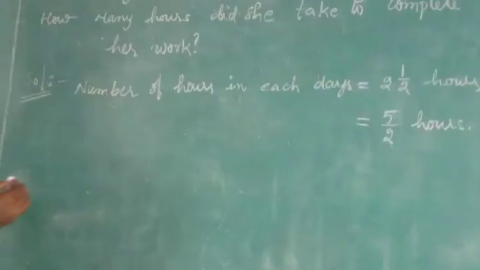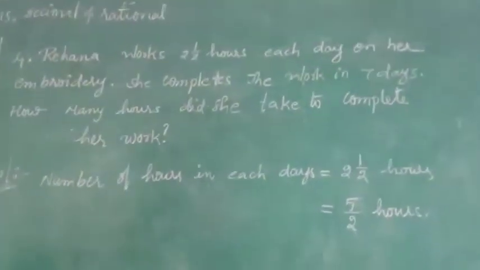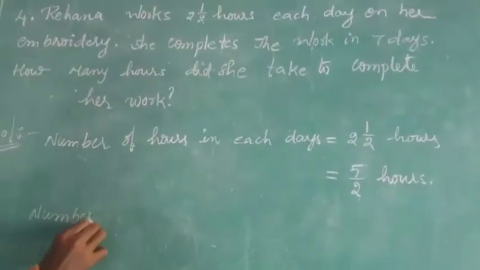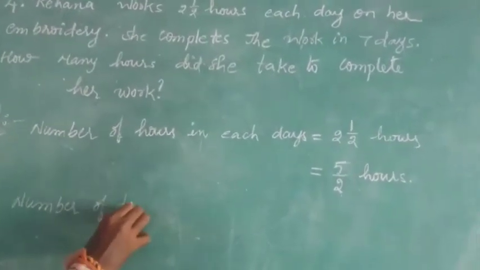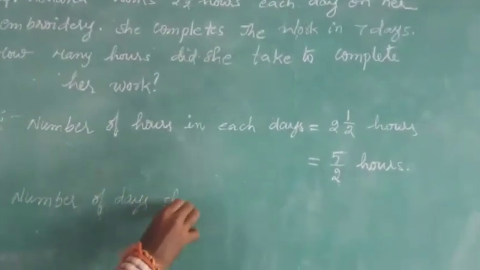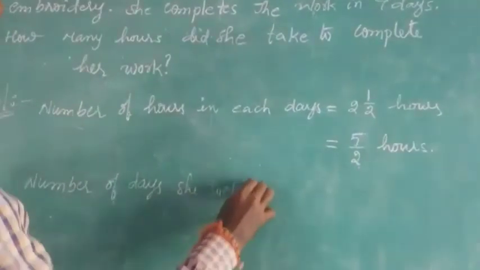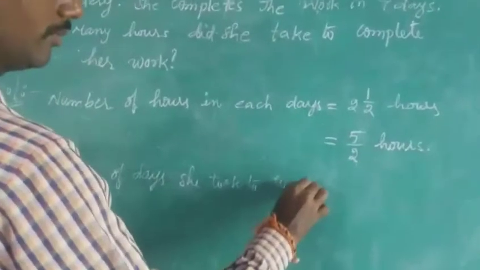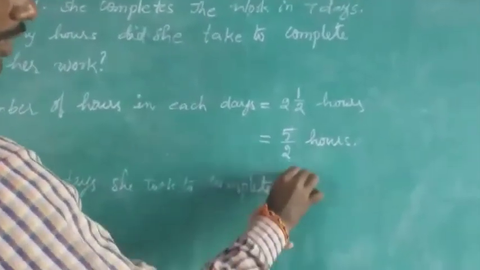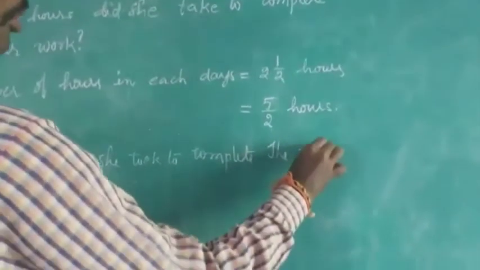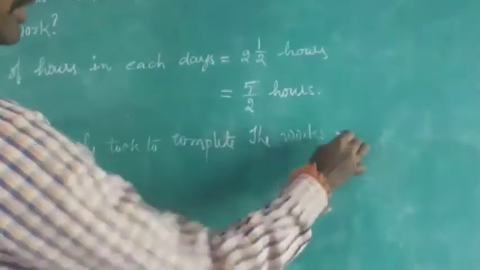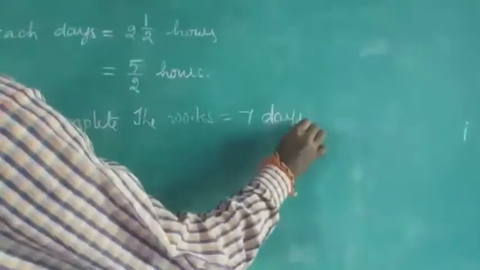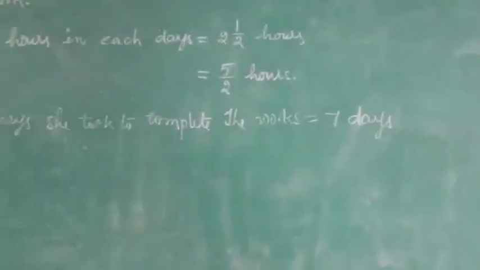Then the number of days she took to complete the work. How many days she took to complete the work? 7 days. She took 7 days.